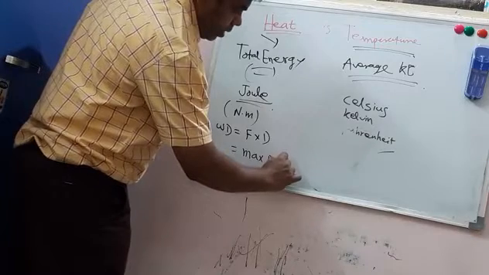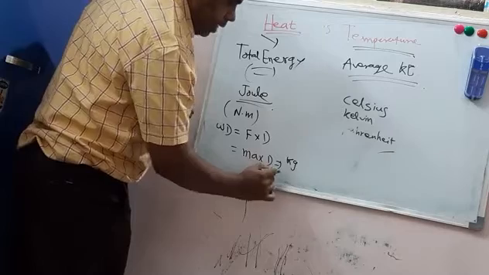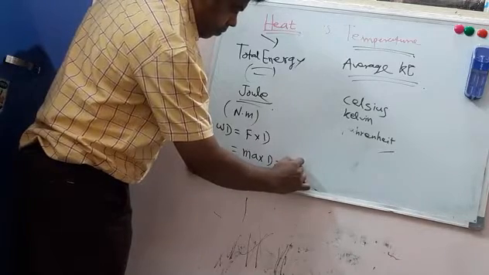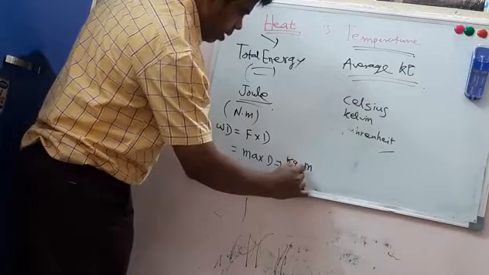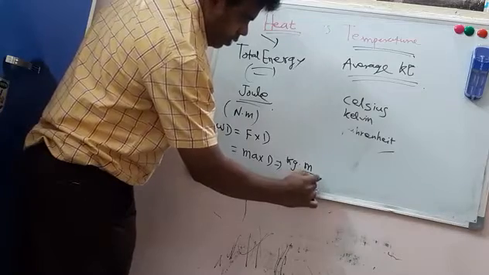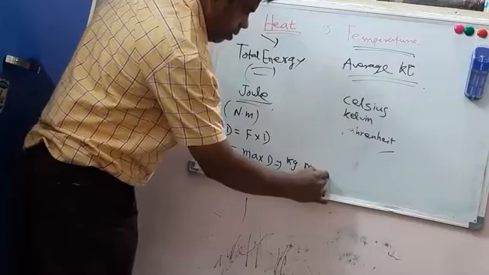The unit of mass is kilogram, acceleration is meter divided by second square, into meter.